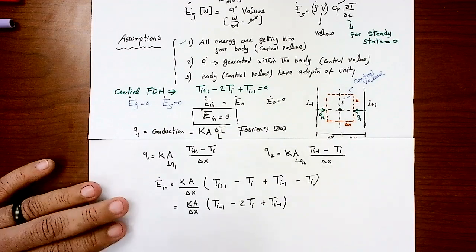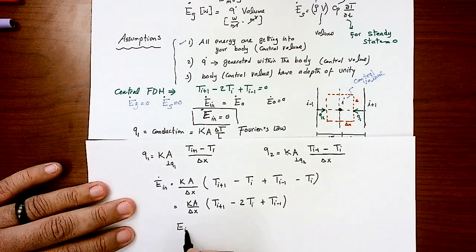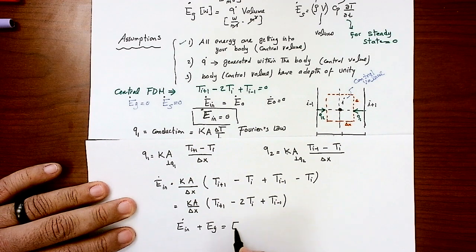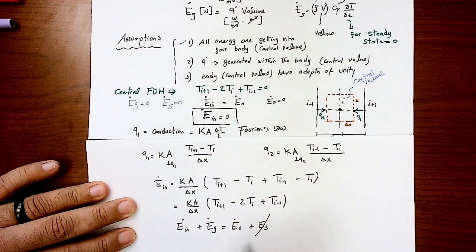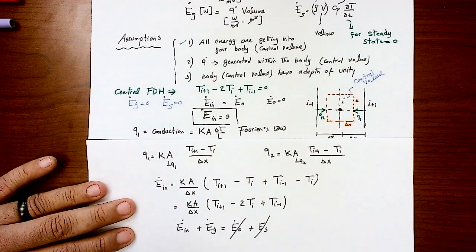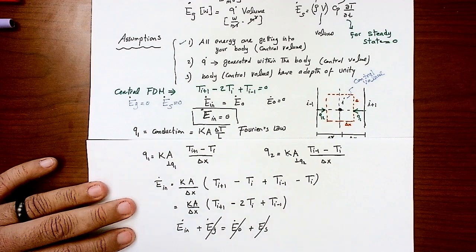Remember, the energy balance equation said that energy in plus energy generated equal energy out plus energy stored. 0 for steady state, 0 for the assumption of the energy balance method, 0 because there is no internal heat source assumed.